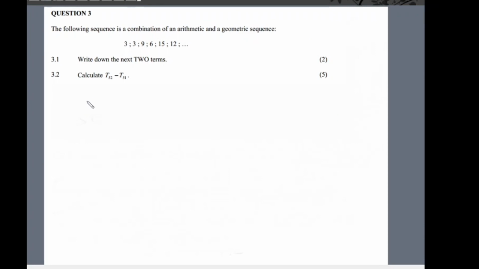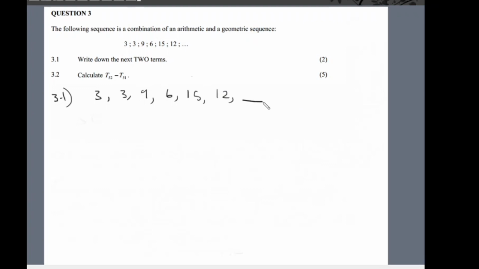Okay, so we have question 3: the following sequence is a combination of an arithmetic and geometric sequence. Write down the value of the next 2 terms. So for 3.1, the original sequence is 3, 3, 9, 6, 15, 12.